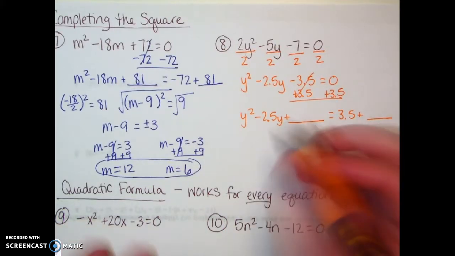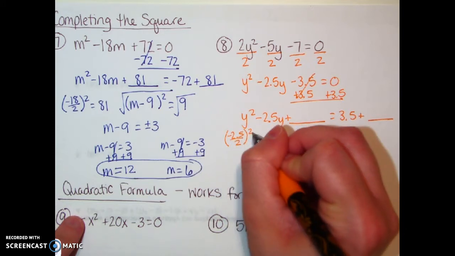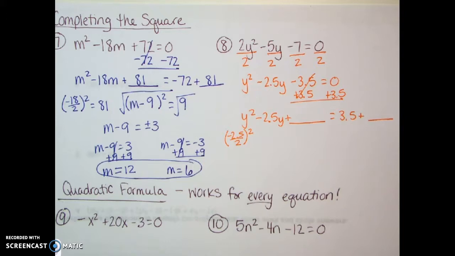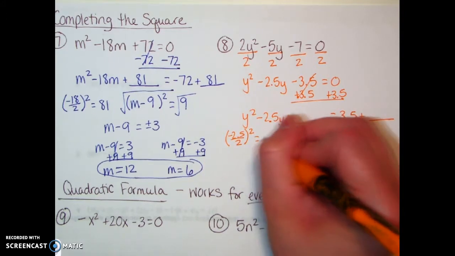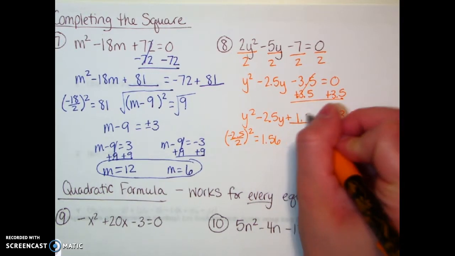Okay, to figure out that number, I now do negative 2.5 divided by 2 and square it. And then I think with rounding it becomes 1.56. So I'm going to add that in there.